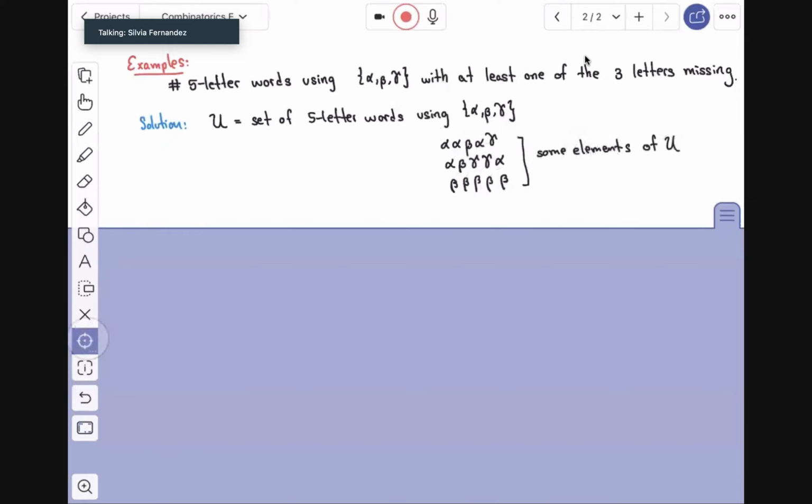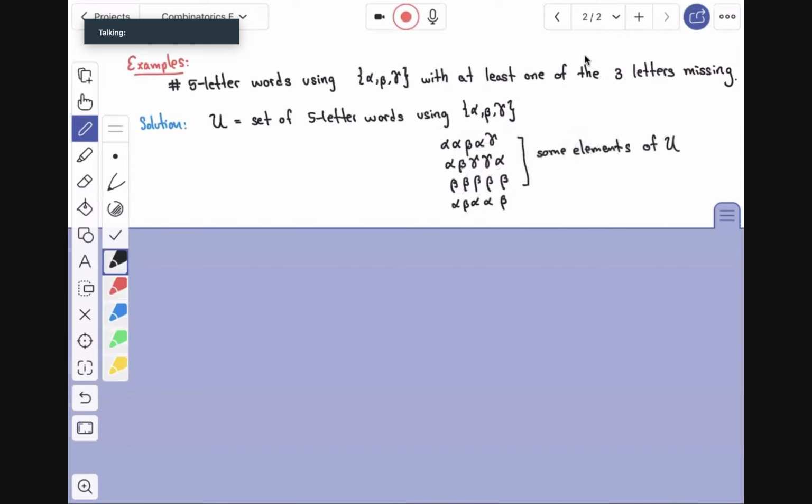But the ones that I want to count are the ones that are missing at least one letter. So I don't want to count that one because it uses all the letters. I don't want to count that one, but I do want to count the beta, beta, beta, beta, beta. And maybe I should add another one. So maybe the alpha, beta, alpha, alpha, beta.